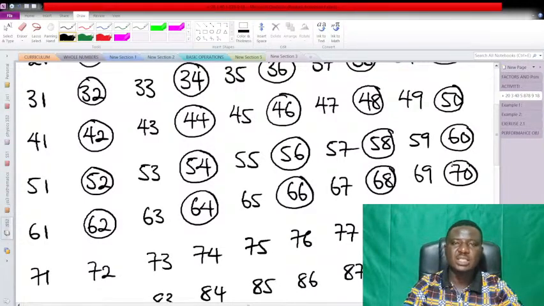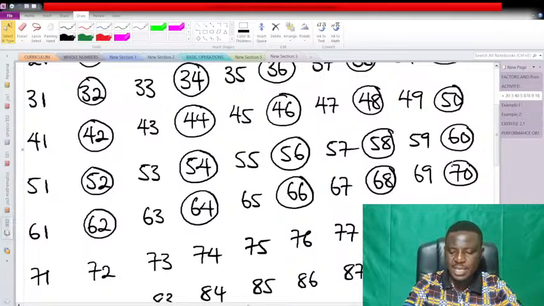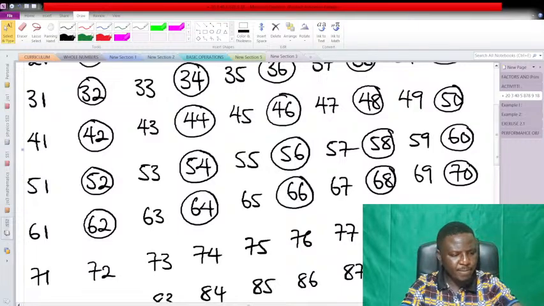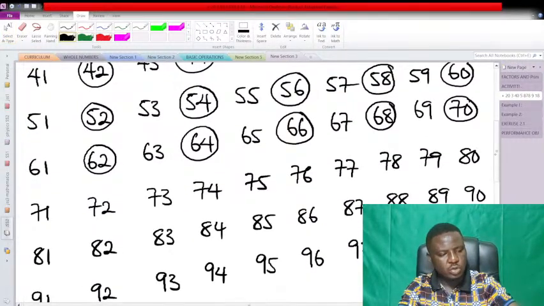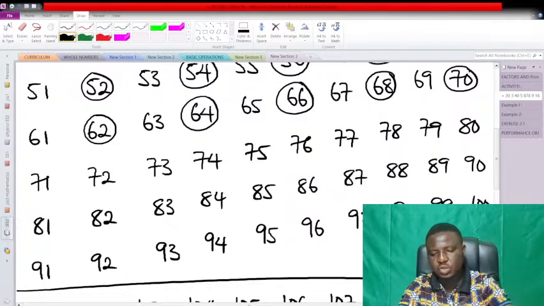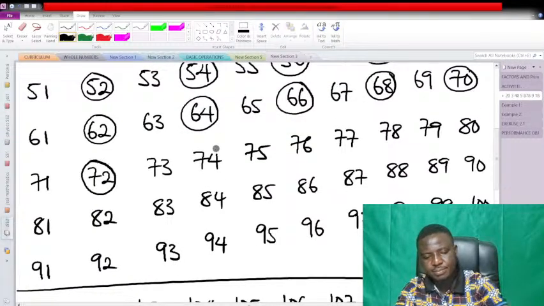Now, if you look at it, you will agree with me that it's following a particular pattern. So let's just go ahead by circling them.